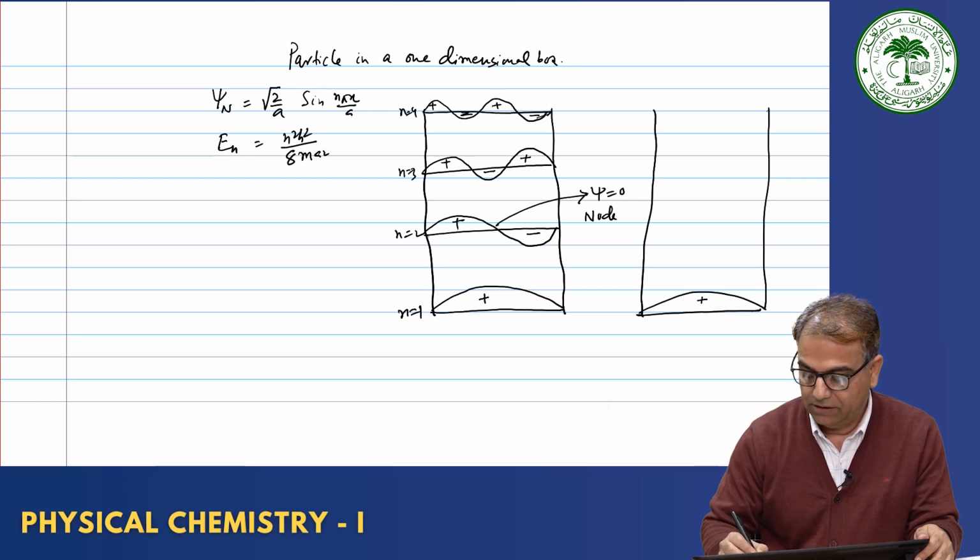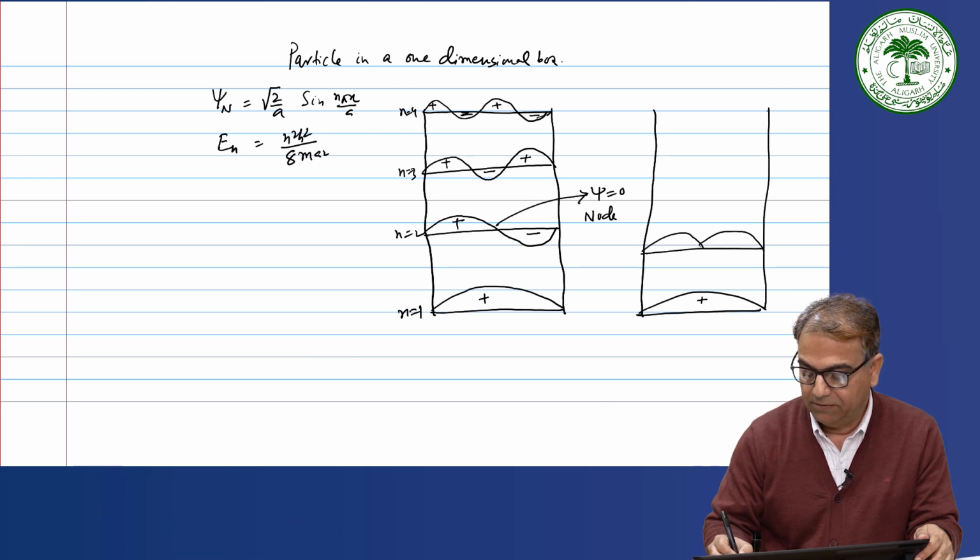Not drawn to scale, but it will be something like this one. It will touch this point, and then it will be plus plus. So there is no need to write the sign also, it's all positive, like this one.